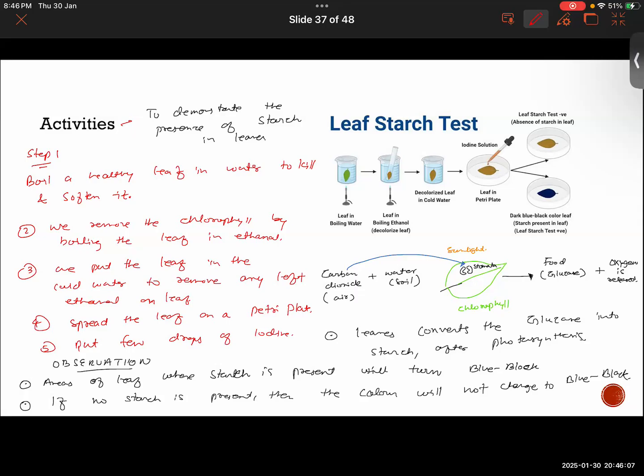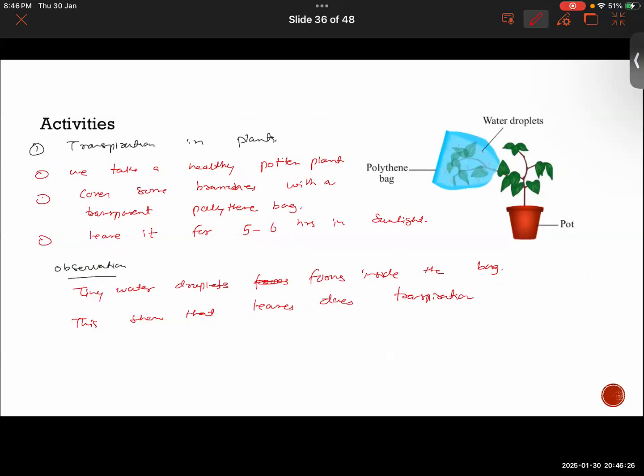If there is enough water vapor in the bag, it will convert into the liquid form of water, and we will be able to see it.